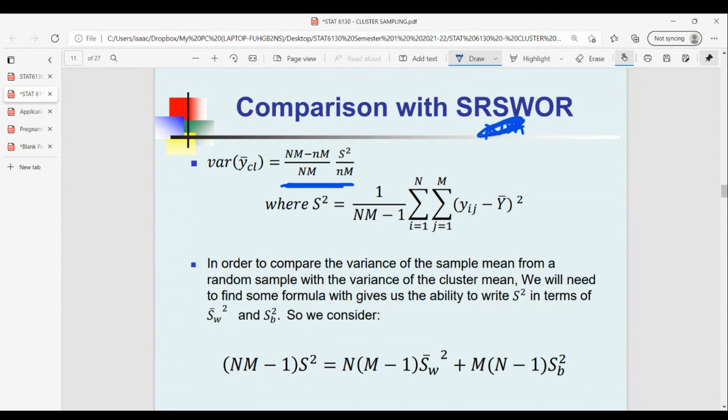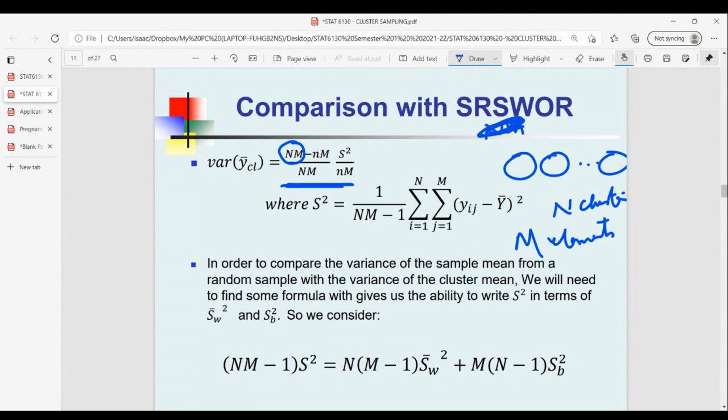You have N clusters, and each cluster has M elements, so the total number of values in the population is NM. So that's how you get that, right?